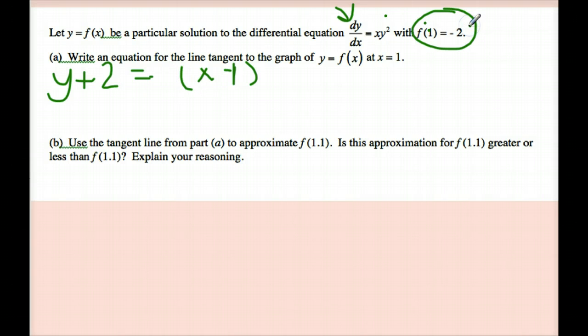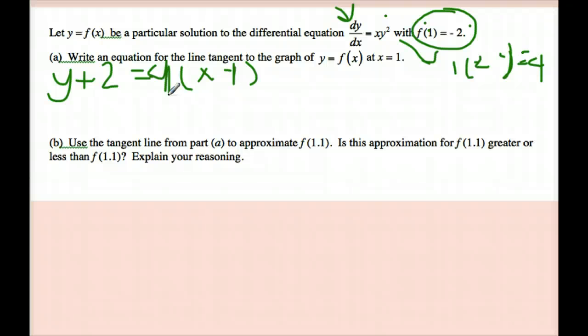I plug 1 and negative 2 in, and I get 1 times negative 2 squared, which is equal to 4. So I plug in a 4, and I have the tangent line.